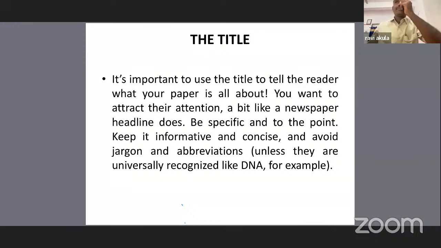May I know the importance of the title in a research paper? Can anybody express your views? Yes, sir. If the title is perfect, 50% of the article is over. The title will focus the journal, the article, and it should be catchy, and the reader should immediately get stuck to read the article.